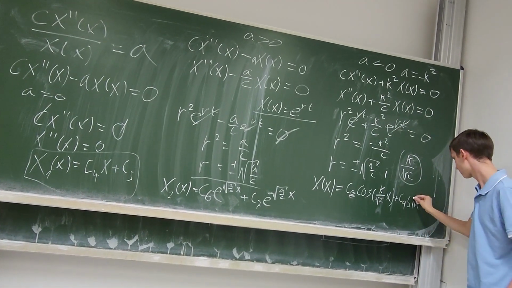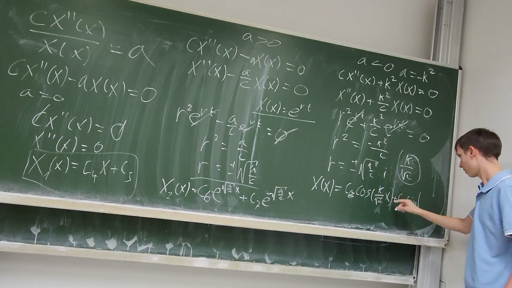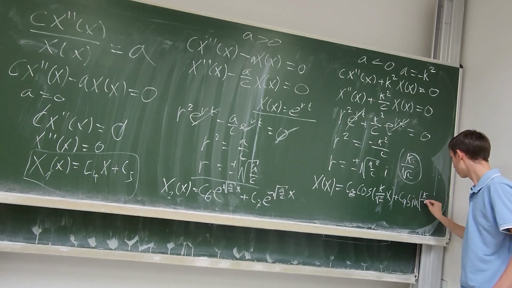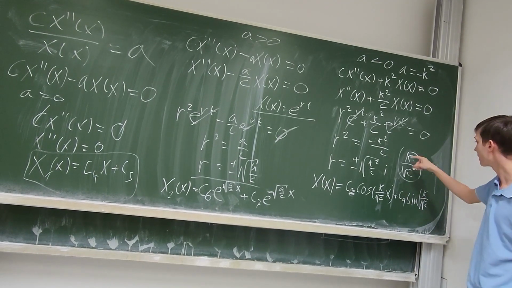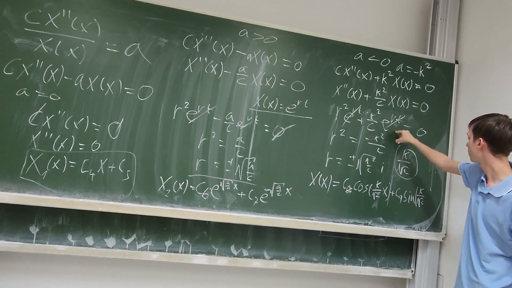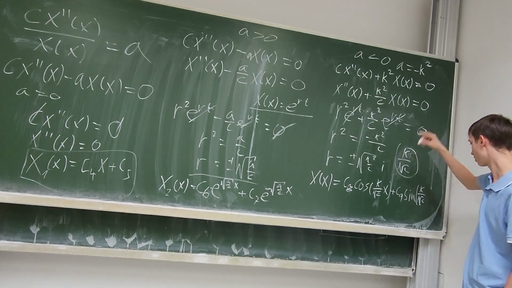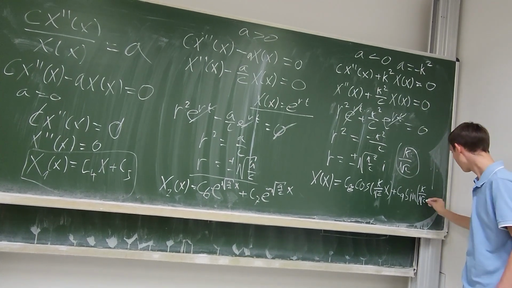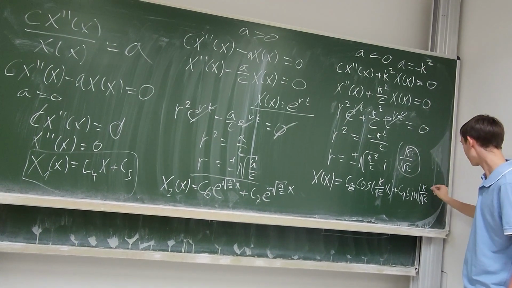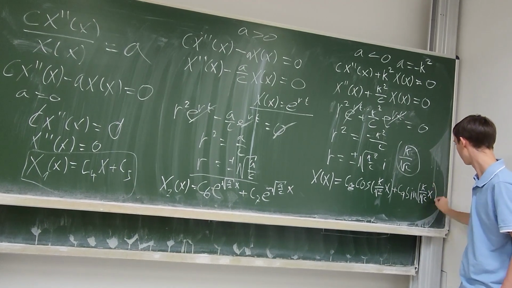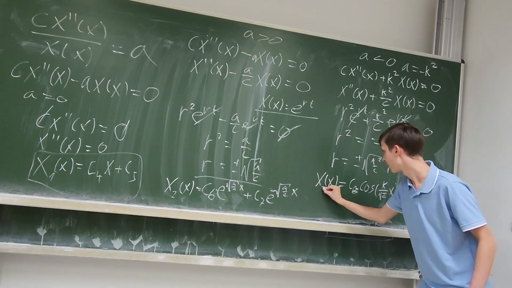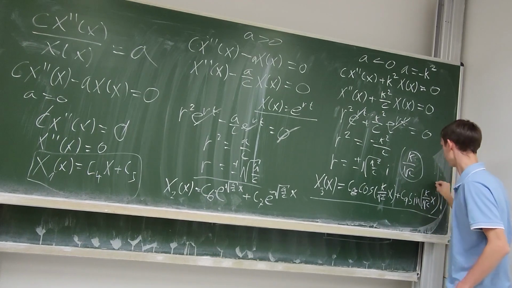Again, the same multiplier here, k over square root of c, just what ended up being the right side of the e to the rt equation we would have had if we left it in the exponential form of a complex number, k over square root of c times x here as well. Alright, so this is the third solution for x.